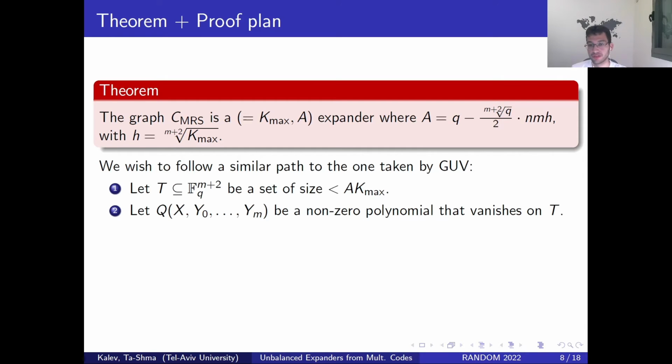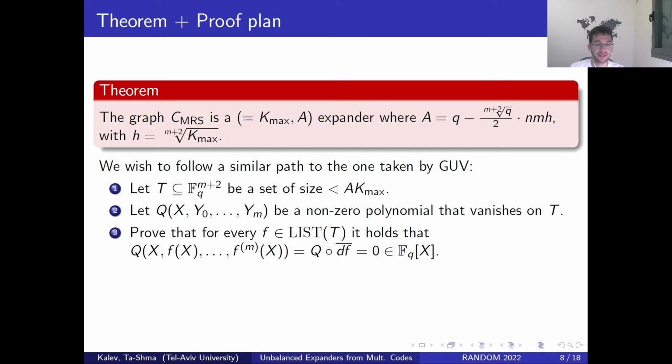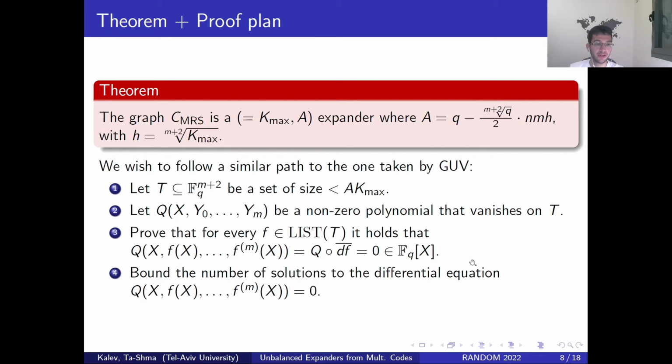We let Q be a non-zero polynomial that vanishes on T. And now, using a degree argument, we prove that for every f in the list of T, it holds that Q, when substituting into y_i the i-th derivative of f, is just the zero polynomial. It can be written equivalently as Q composed with Df equals 0. And now the final part is just to bound the number of solutions to the differential equation Q.